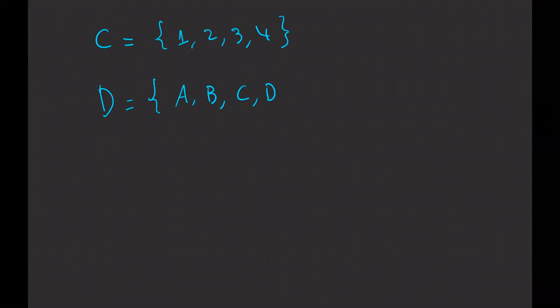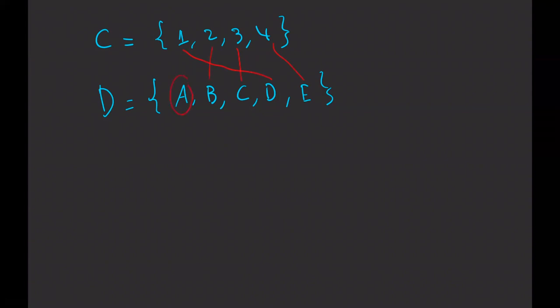But now let's say I add E here. There's a different number of elements in these sets. They have different cardinalities. So I can't pair these as much as I might try to. I can't pair everything with everything. This E is sitting there all alone, right? And even if I go the other way, I could pair E to 4, D to 1, C to 2, C to 3 and B to 2.